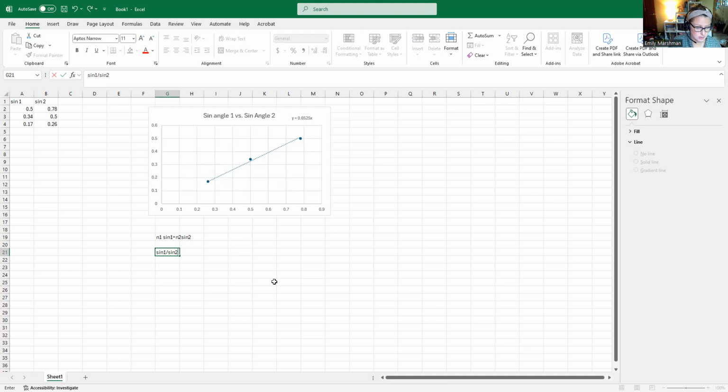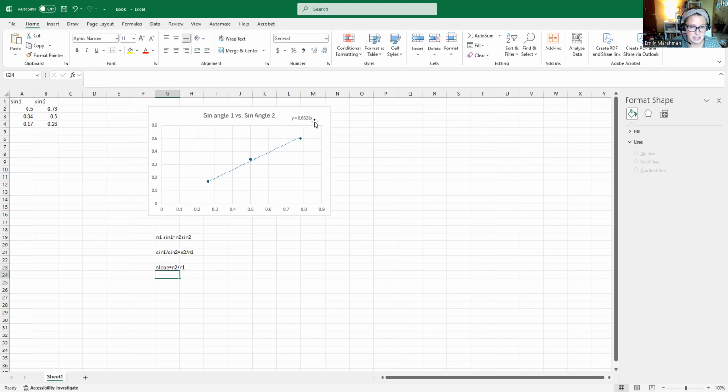So this is our slope. That should be equal to index of refraction 2 divided by index of refraction 1. Just rearranging this algebraically. Sine of theta 1 over sine of theta 2 is our slope, right? So the slope of our line should be equal to n2 over n1.